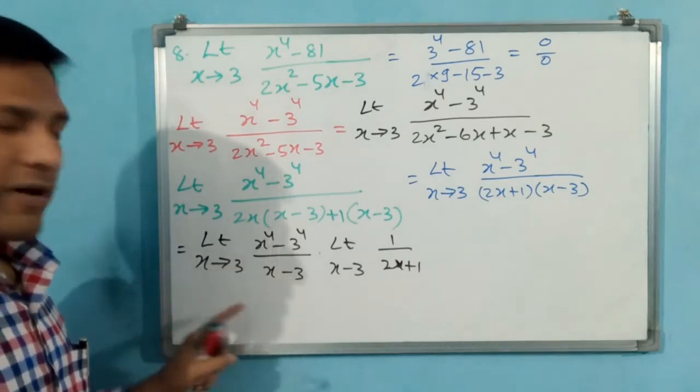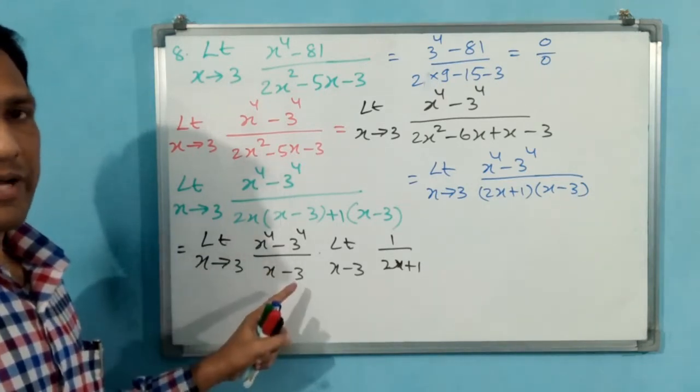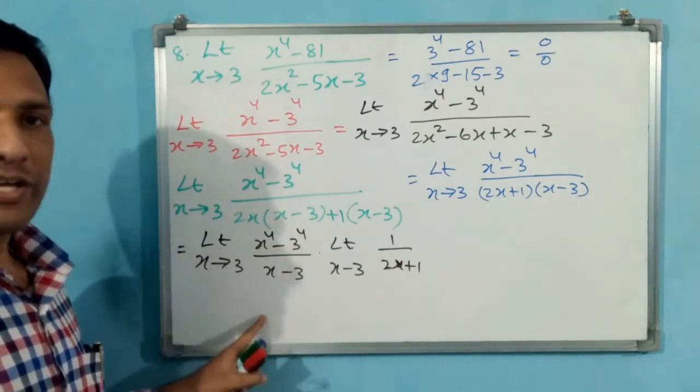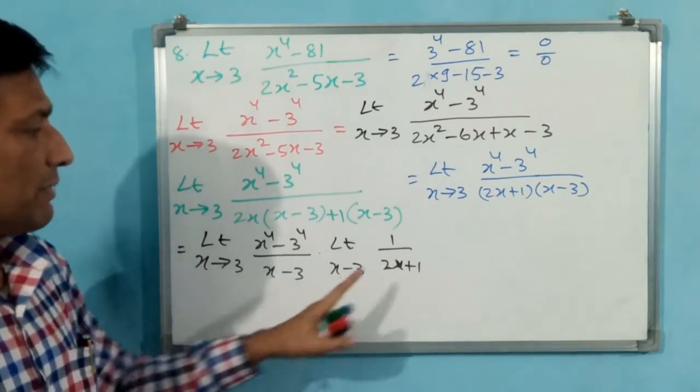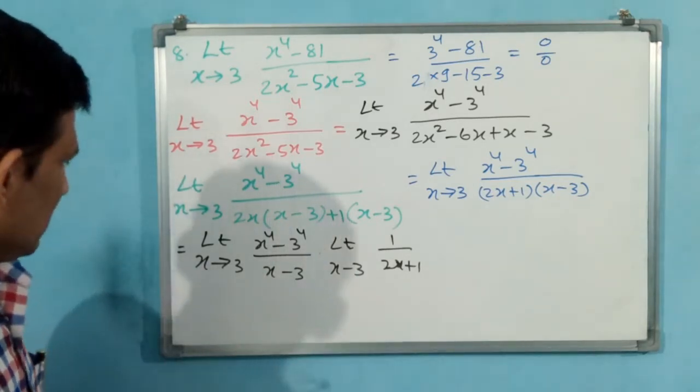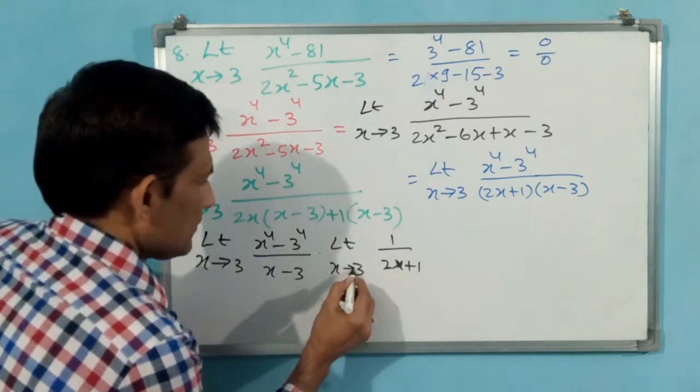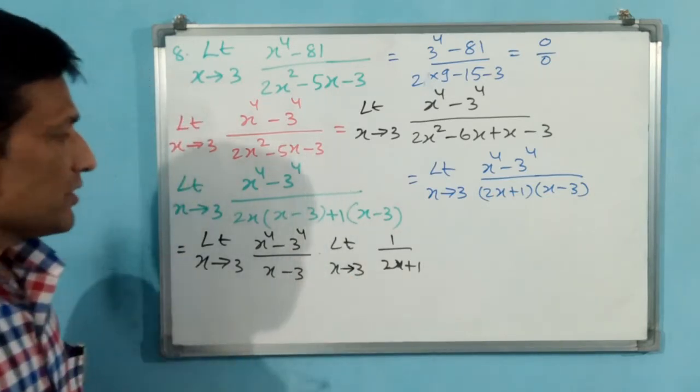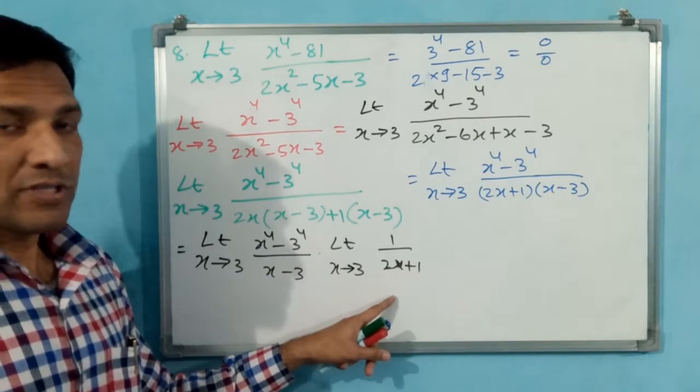Both I have made separate. Why? Because this is a direct formula: limit x tends to a, x to the power of n minus a to the power of n by x minus a, equals n into a power n minus 1. But here you can substitute 3. If you substitute, 0 is not going to come.